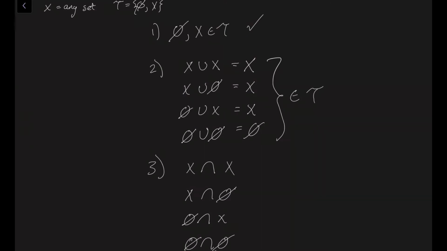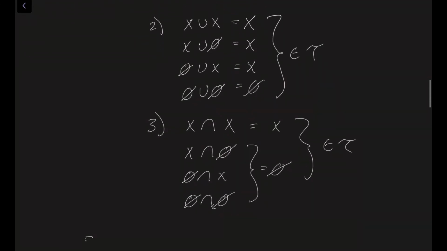Now the empty set intersect anything is the empty set, and X intersect itself is going to be X, and both of these are in tau. This tells us then that tau is a topology.